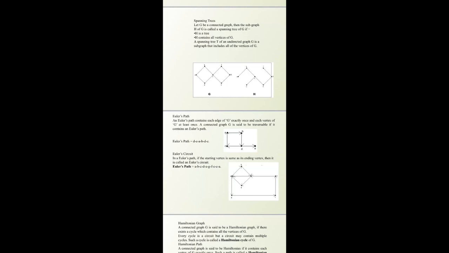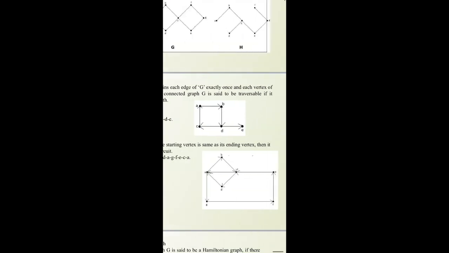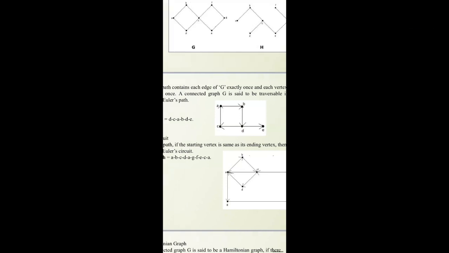So A to B, B to C, C to D, D to A, then go with G, then F, to E, then C, then A. So every edge should be covered at least once. Yeah, okay, so that's why it's clear.